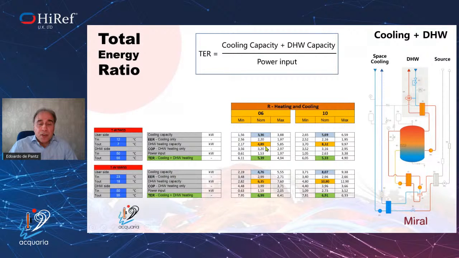The domestic hot water capacity in this one is 4.89, and the COP is 3.2. So the total energy ratio in this case is 5.4 for one unit, 5.3, or in case of underfloor cooling, it's almost 7. So as you can see, the overall efficiency is very high.